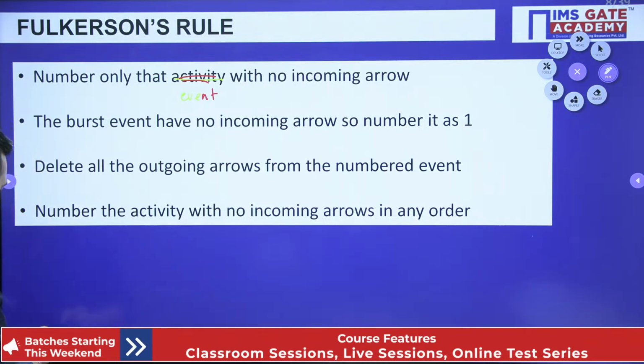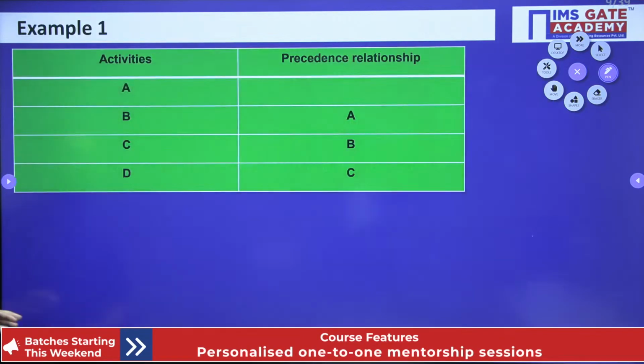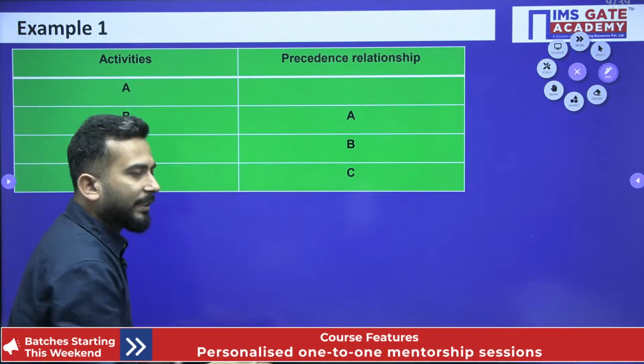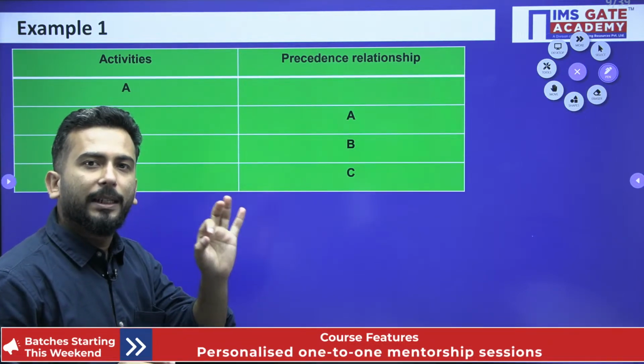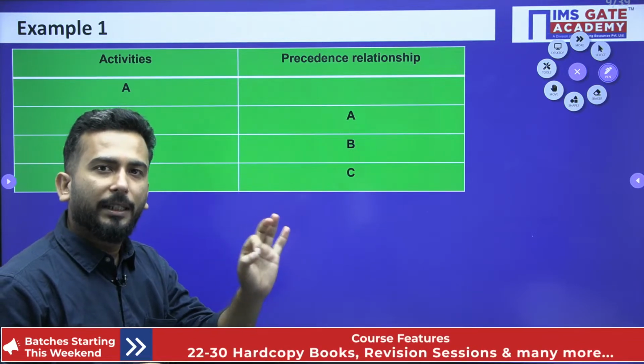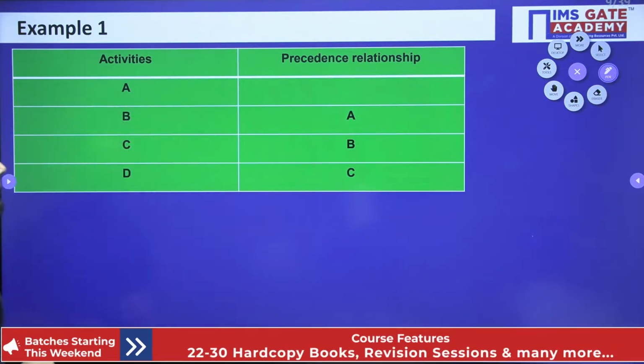Then after that we will see what is to be done. Just keep in mind Fulkerson's rule that we can only name something which has no incoming arrows. Now I'll explain further what that is.